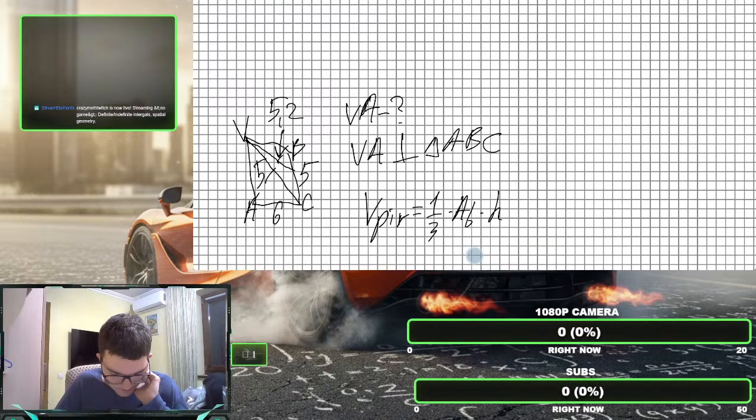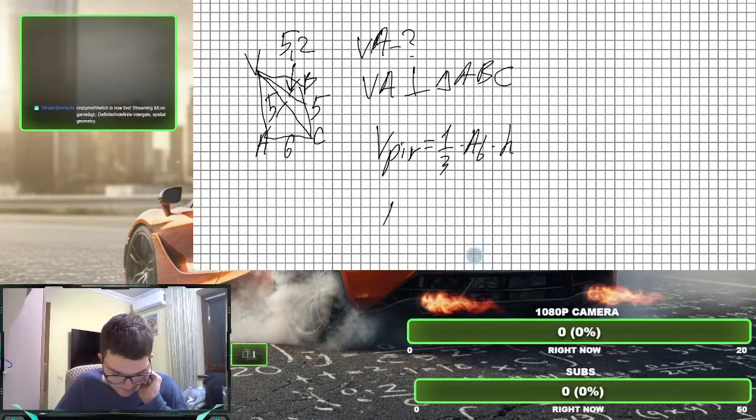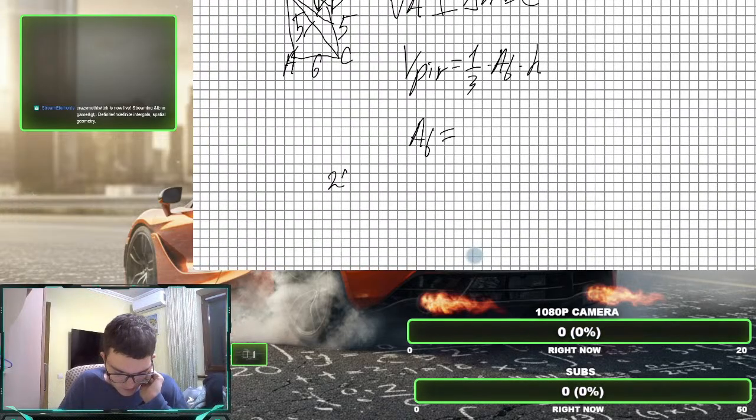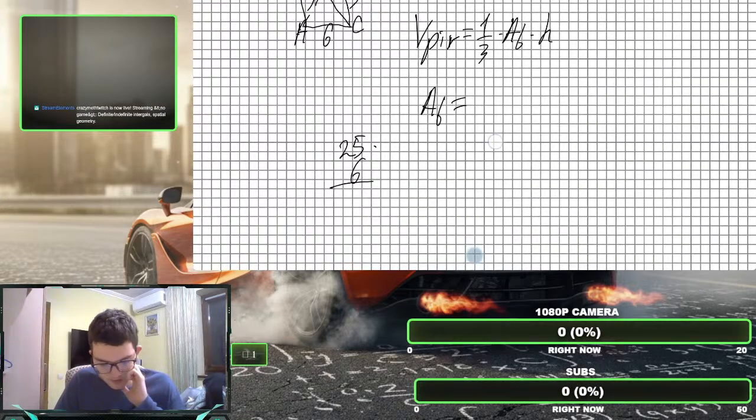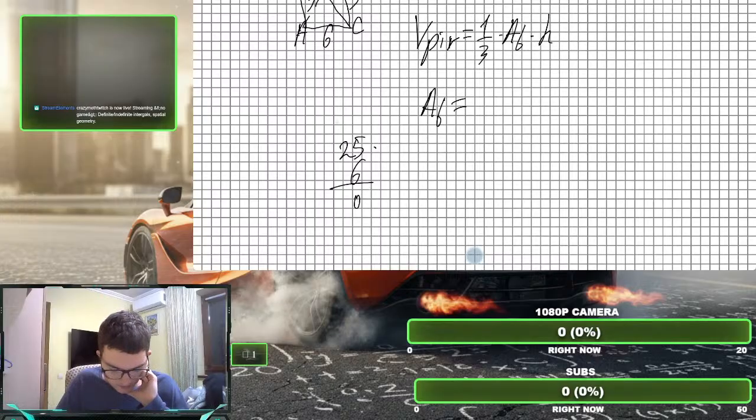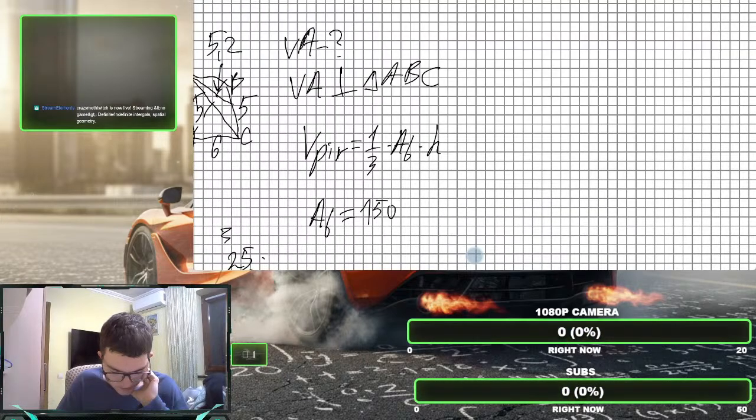the area of the base I can calculate, right? Because the area of a base triangle is going to be 6 times 25 in this case, and 25 times 6, that's just 30 here, okay, and 12 plus 5, so 150 centimeters squared, because we're working with centimeters.